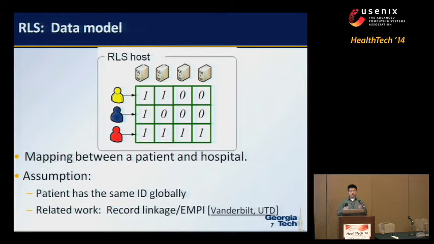For example, if I use my SSN to log in at this hospital, I may use my driver's license number to log in at another hospital. But this issue is well handled by related work like privacy-preserving record linkage, which is an active research area, and researchers from Vanderbilt University and University of Texas at Dallas are doing research in this area.